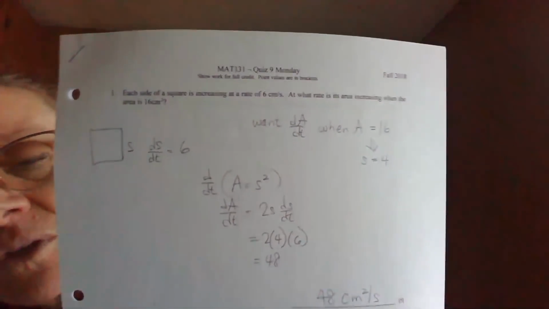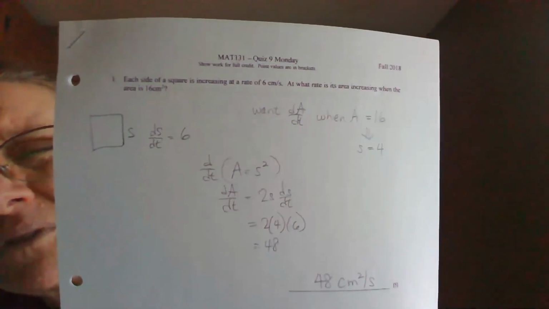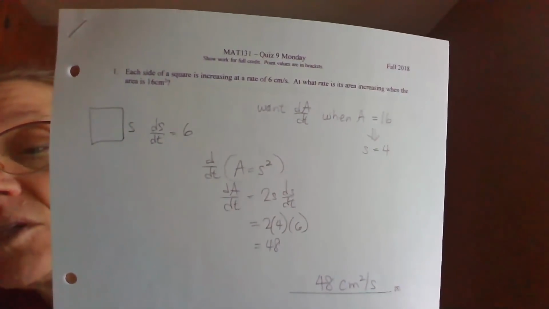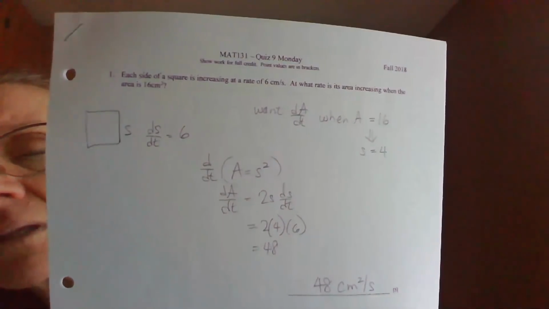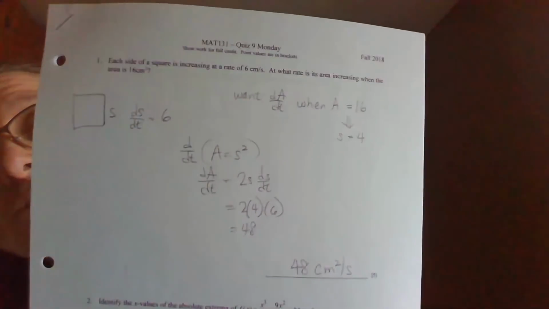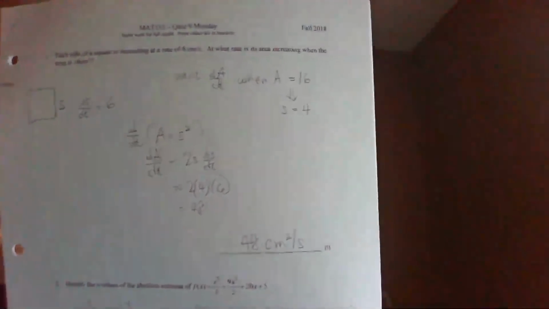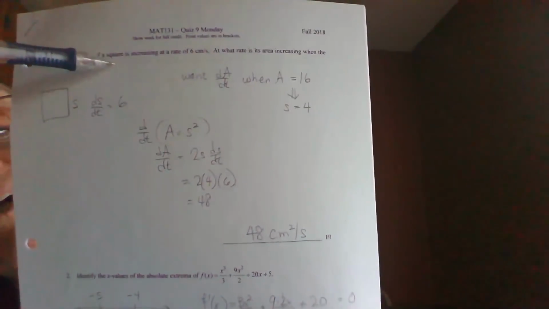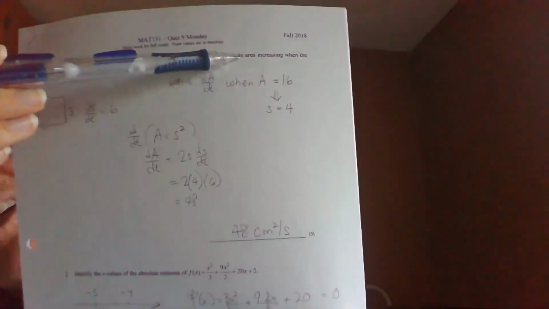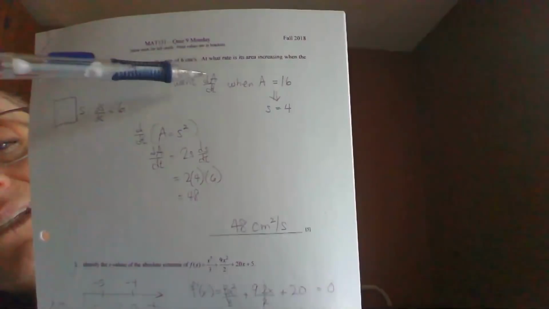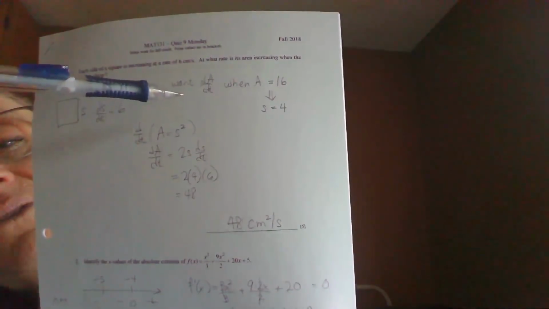Feel free to write in as to what specifically you want to know about this. Peter, I'll check in a second. Basically, I hate not being able to share the screen. If we're trying to see how fast the area is changing, then you want dA/dt, and you want to know when the area is 16.